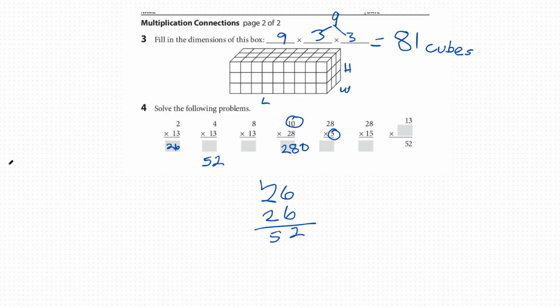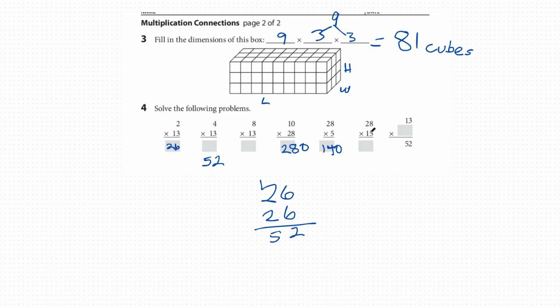So I can really think of 28 times 10, and then just what's half of that. So that's what they're trying to point out to you. So half of 280 is 140. Half of 2 is 1. Half of 8 is 4. And you'd leave the 0 alone.